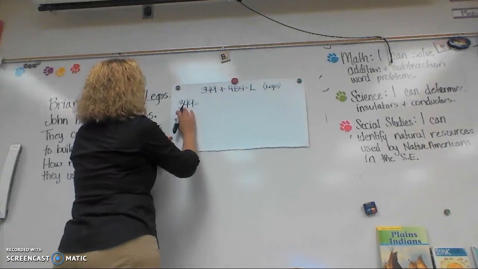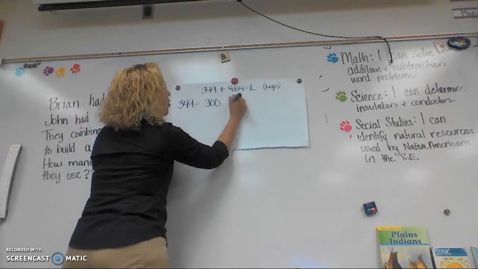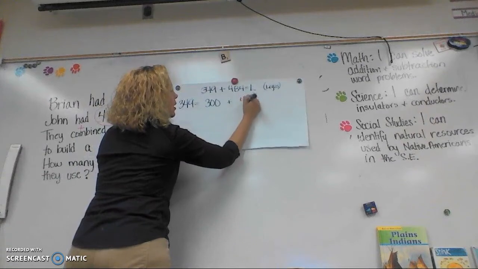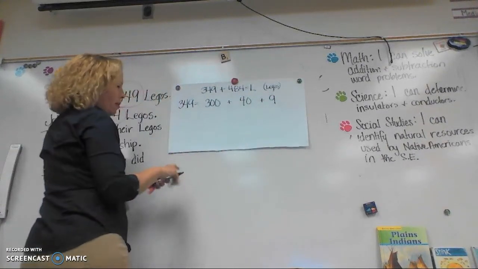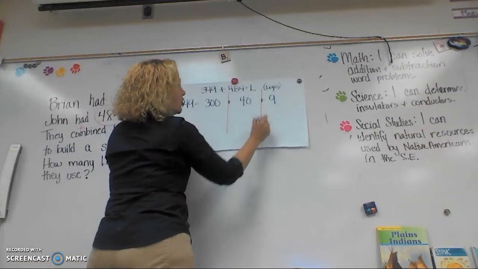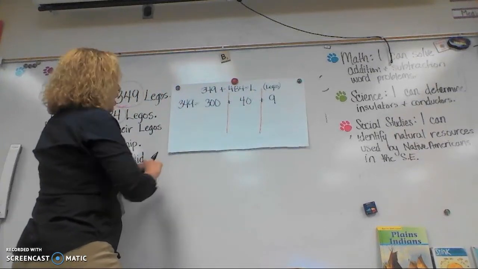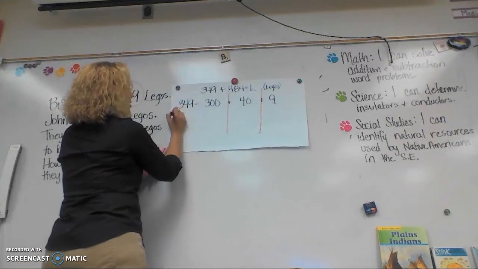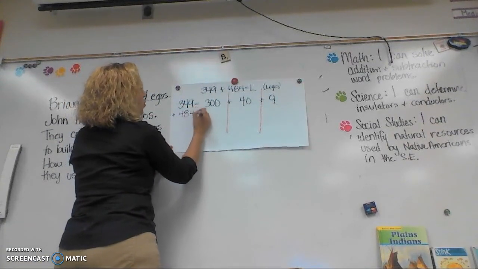I know you can. Just say that number slow. 349. And remember, it's a good idea to draw those columns so we're staying in our place value. And then we're going to combine it with John's Legos, 484.